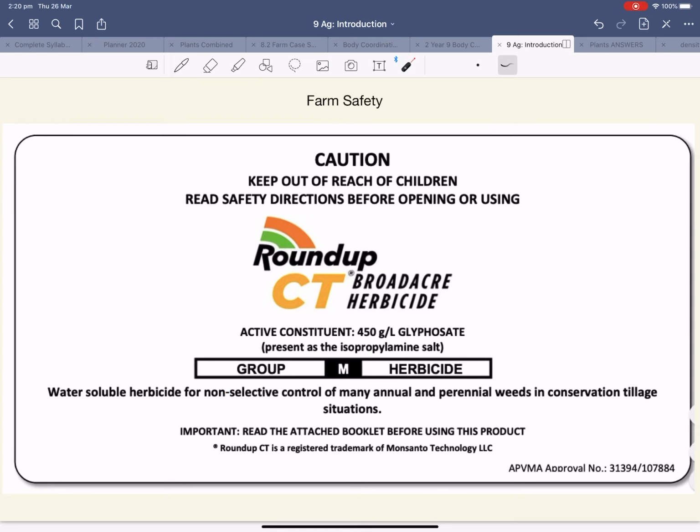Okay, what we've got here is a label of a herbicide. Okay, so we've got Roundup. So it quite clearly tells us what our herbicide does. Rightio? So it's a herbicide. Now, it tells us the active constituent, which is glyphosate.